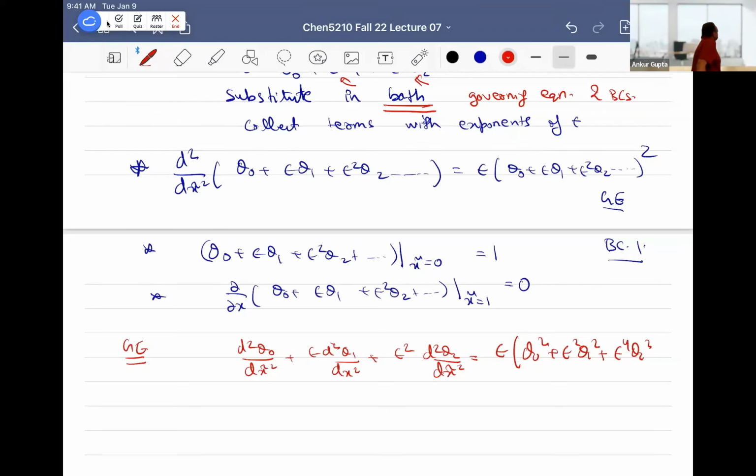And then which is the term that will give me epsilon? There is no epsilon in the first term. There is epsilon squared here. There is epsilon to the 4 here. Which is the term that will give me epsilon to the exponent 1? To multiply, right? It's a squared plus b squared plus c squared plus 2ab. So the 2ab will come from 2 theta naught theta 1 epsilon. So that is the multiplication term, 2 theta naught theta 1 epsilon.